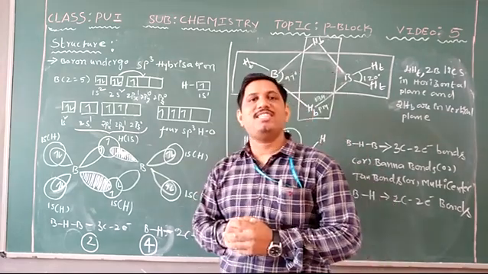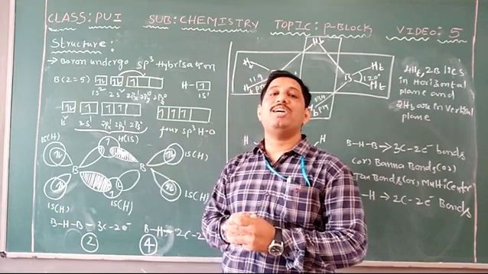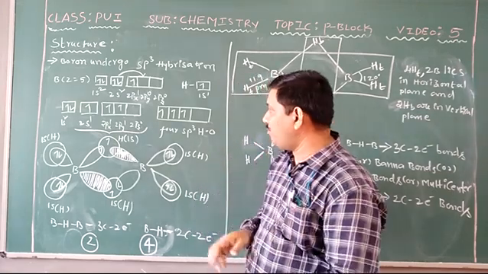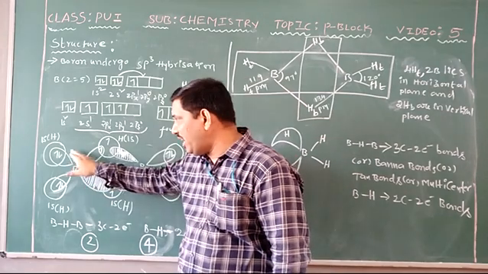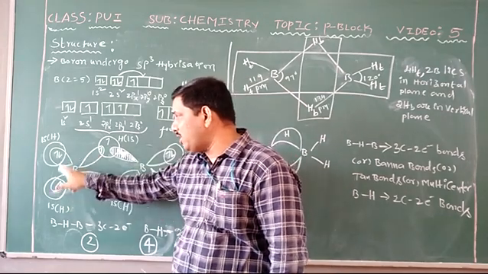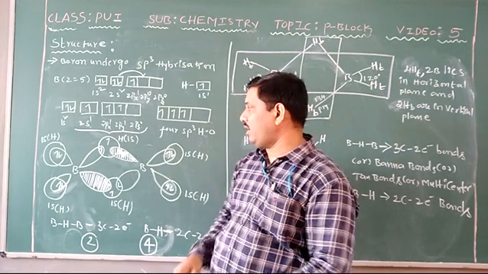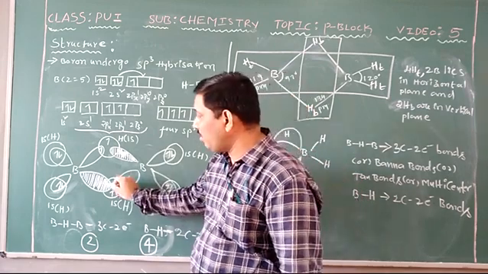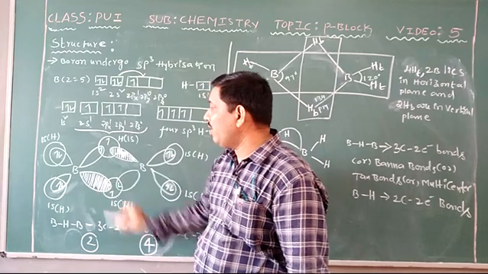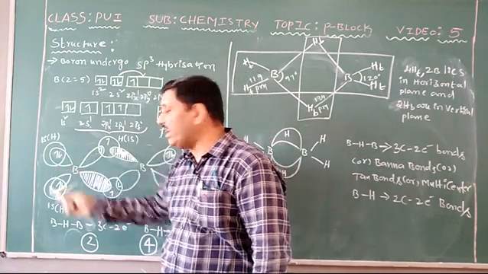Since the hybridization is sp3, the 4 sp3 hybrid orbitals are arranged at the 4 corners of the tetrahedron. Here, this dotted line is the empty orbital. The remaining 3 contain 1 electron each.